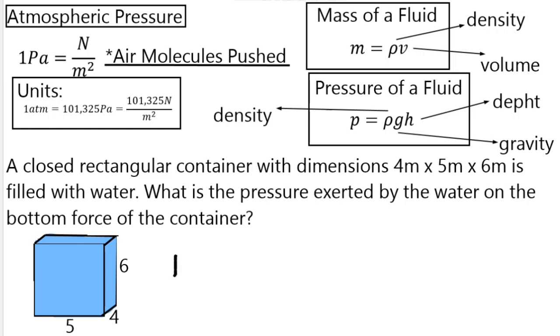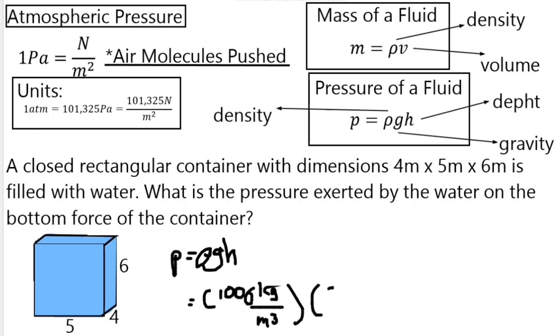A closed rectangular container with dimensions 4 by 5 by 6 meters is filled with water. What is the pressure exerted by the water on the bottom face of the container? We're just going to use this formula, the pressure of a fluid. The density of the fluid is water, so it's 1000 kilograms per cubic meter, our gravitational acceleration is 9.8 meters per second squared, and our depth is just basically 6.